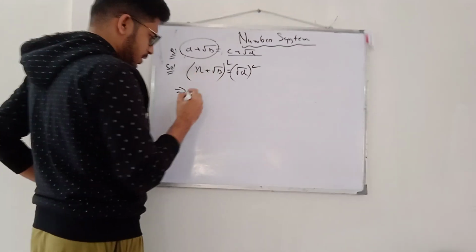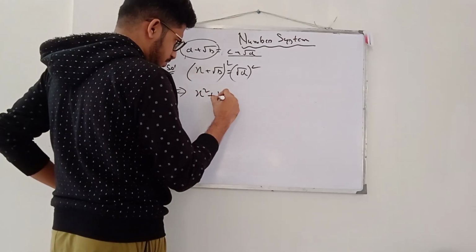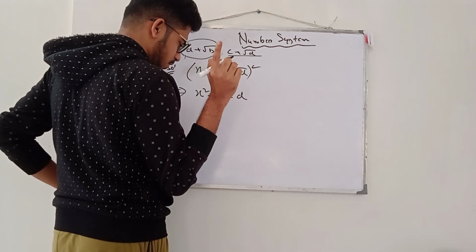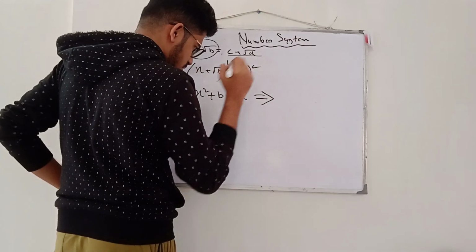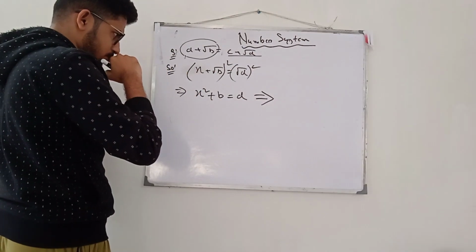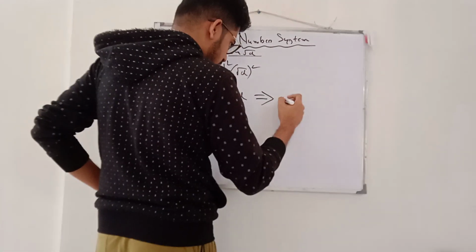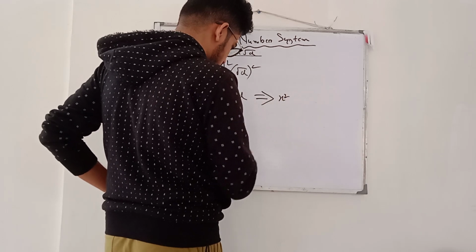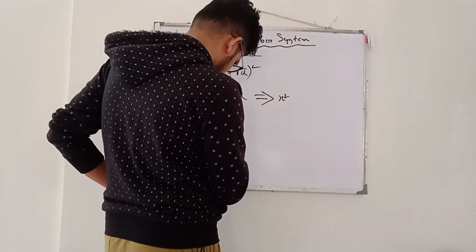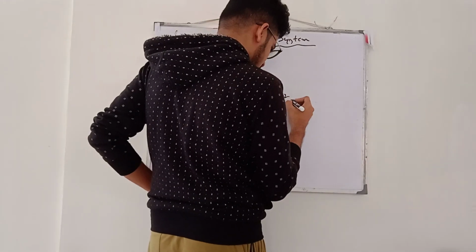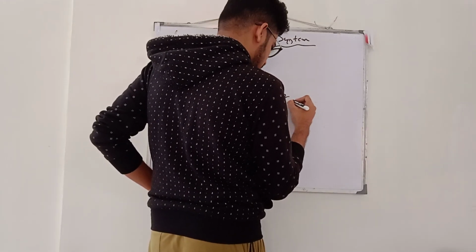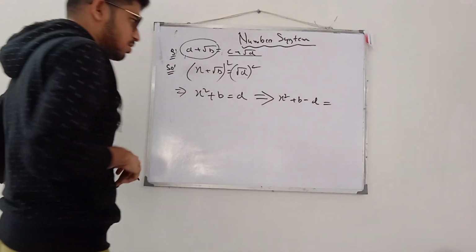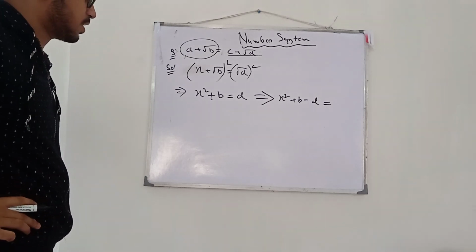Okay, suppose x squared minus plus b plus d. Okay, now what if we x squared plus b minus d is equal to, I think this is not working.